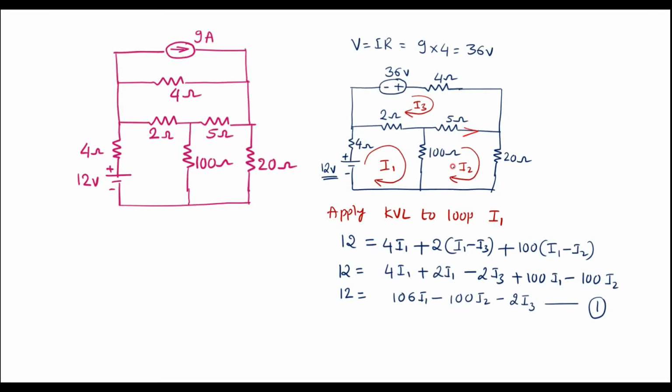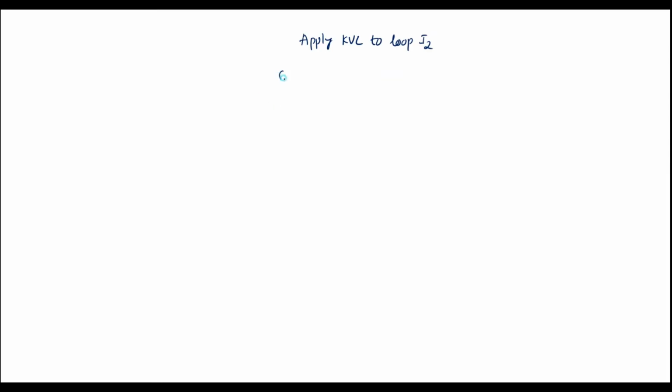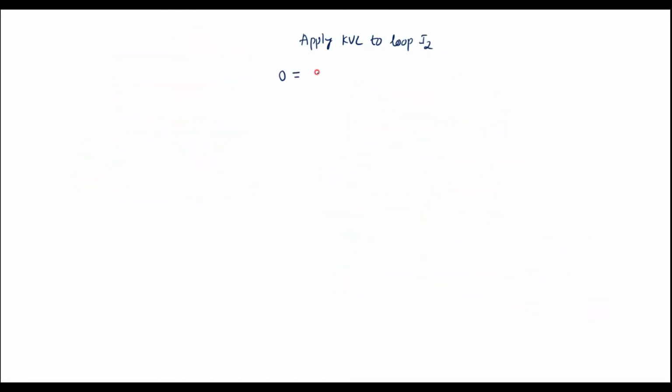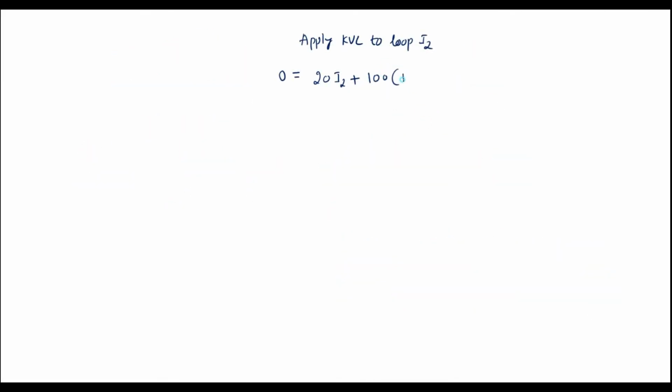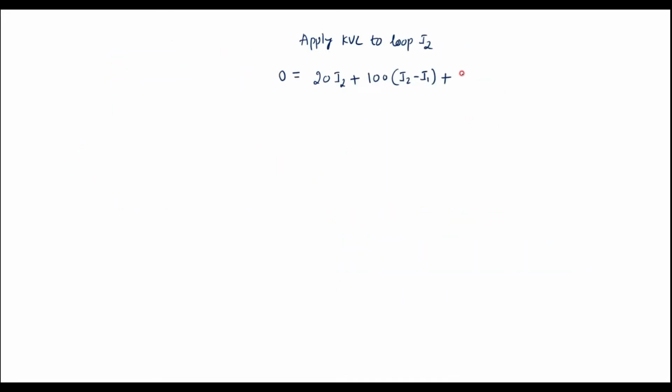Now let's apply KVL to loop I2. Here we can see that in loop I2 there are no voltage sources. So we write 0 is equal to, let's start from here. Voltage across 20 ohm is 20 I2, plus voltage across 100 ohm is 100 into I2 minus I1, plus voltage across 5 ohm is 5 into I2 minus I3.